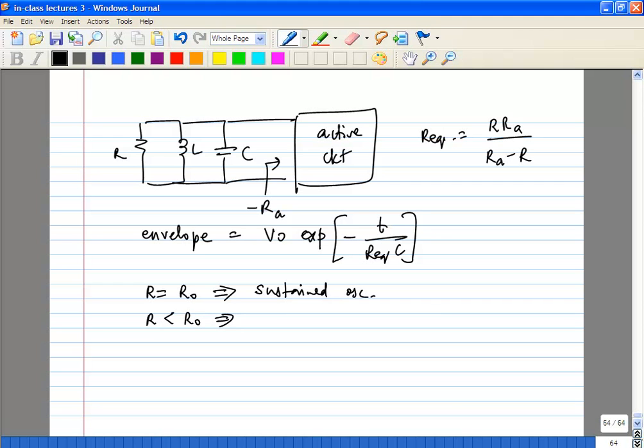R less than RA, it's a decaying exponential. Look at this: if R is less than RA, this R equivalent is positive, which means you have an e power minus t by RC form.